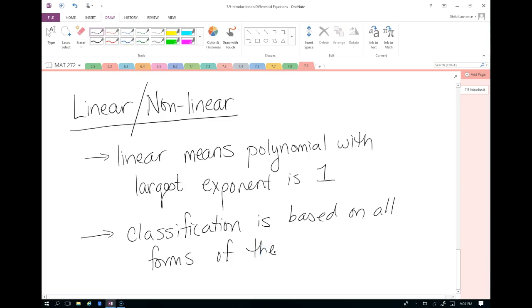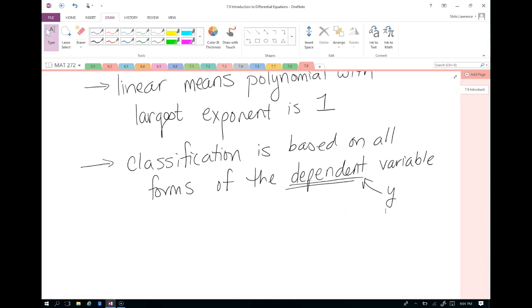The classification is based on all forms of the dependent variable. And typically, the dependent variable is the y variable. So we want to make sure all instances of the y, and that includes the derivative for y. So y and its derivatives.